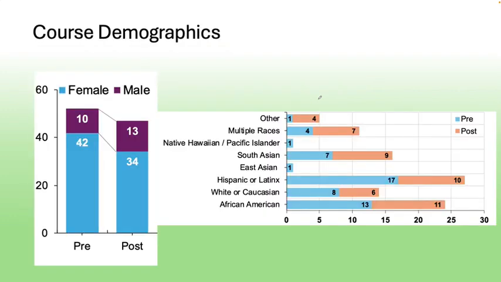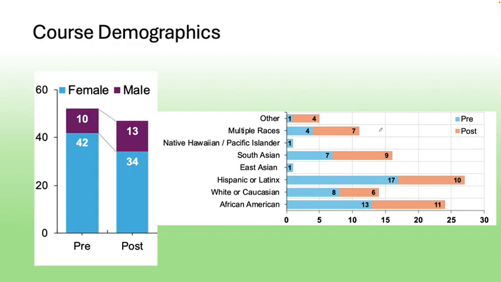So very briefly, for the use of this newly created OER lab manual, we gave the students both a pre-course survey and then a post-course survey. Looking across the demographics overall, there was about a similar number of male and female participants taking our survey, both at the beginning of the course and then at the end.